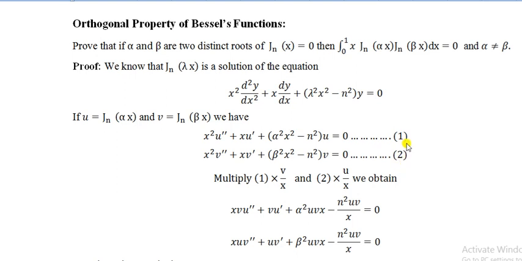Now we multiply equation 1 by v divided by x and equation 2 by u divided by x.